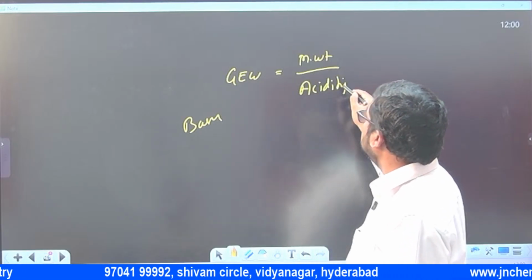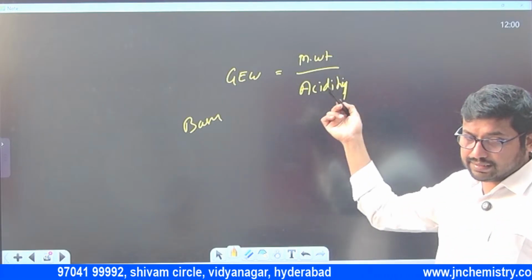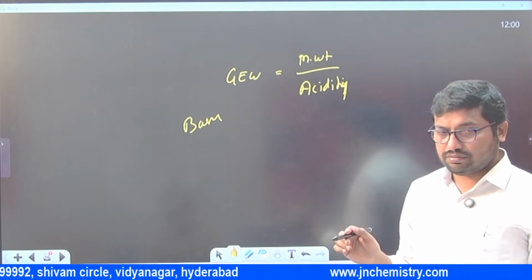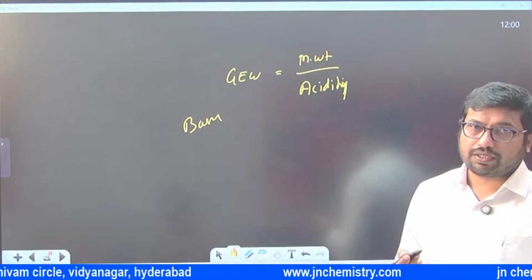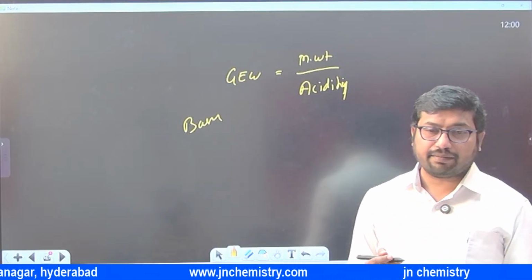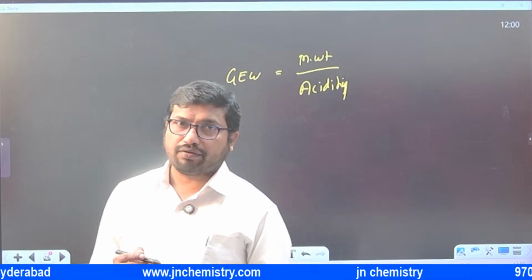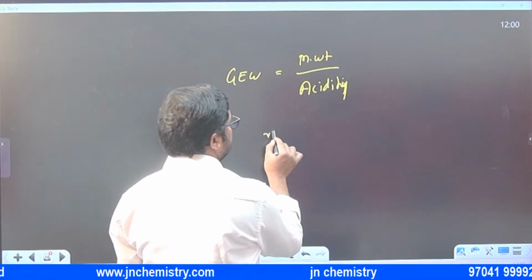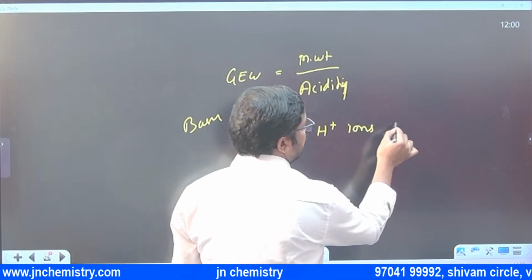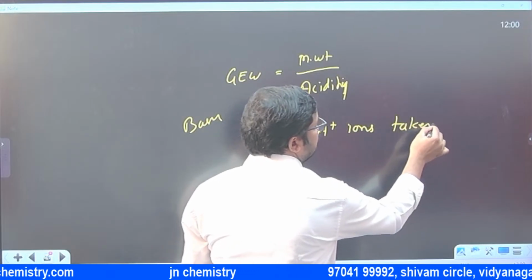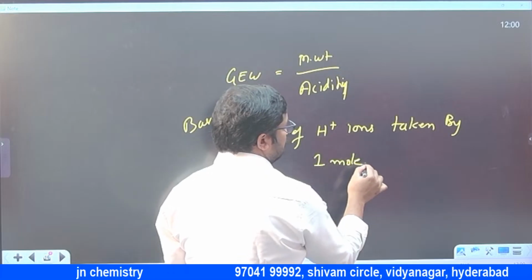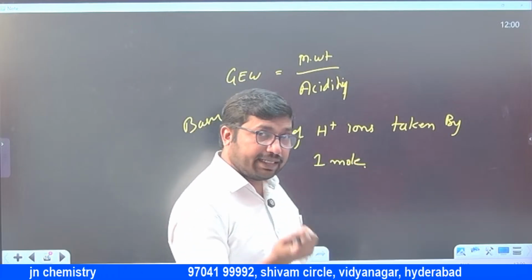Acidity is equal to the number of replaceable OH minus ions, or the number of moles of H plus ions taken by 1 mole.